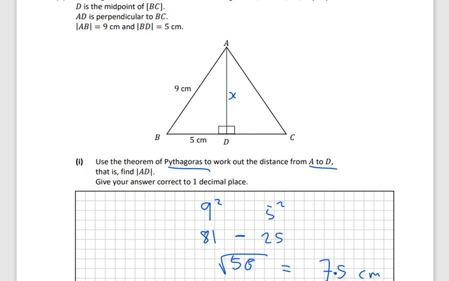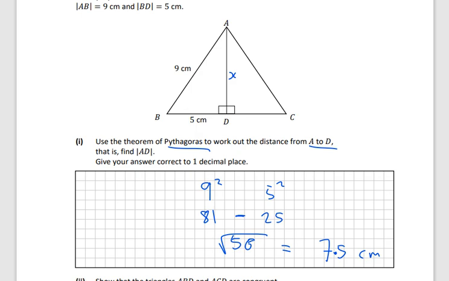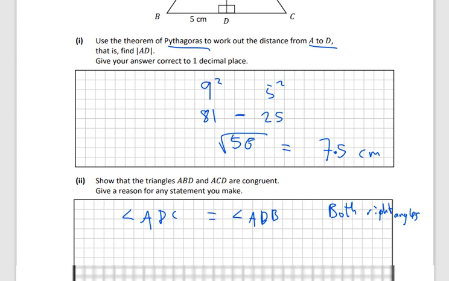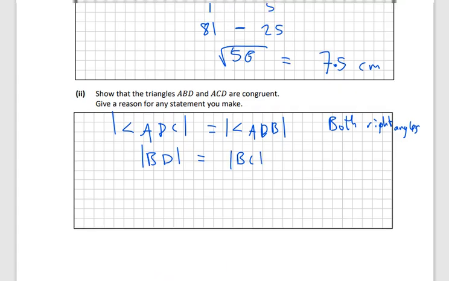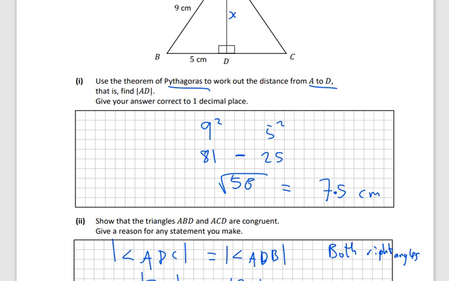And we know that the side BD is the same as DC because it tells us that D is the midpoint of BC.